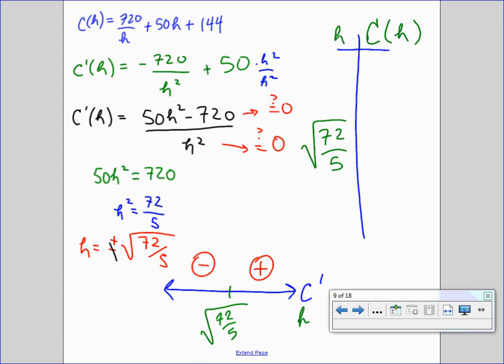What else am I going to put in here? I'm going to put something on either side just to verify, to confirm my findings from my number line. This is not the end of the interval. I'm just picking something on either side to verify.